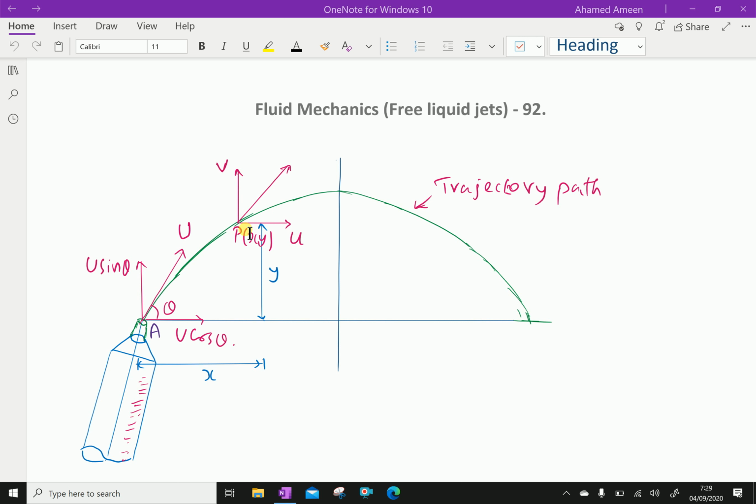Let the velocity of the jet at P in x direction be u and in y direction be v. Let the liquid particle take time t to travel from point A to P.